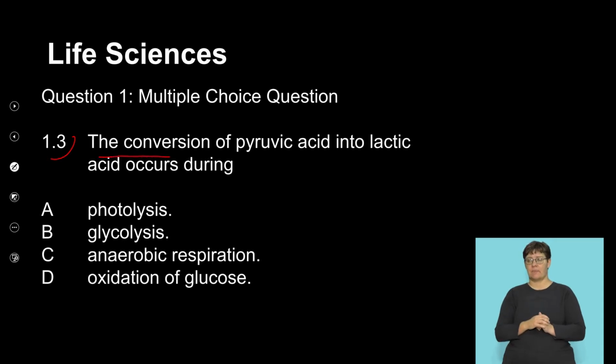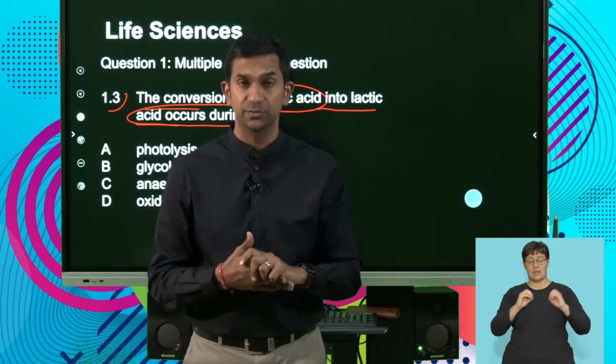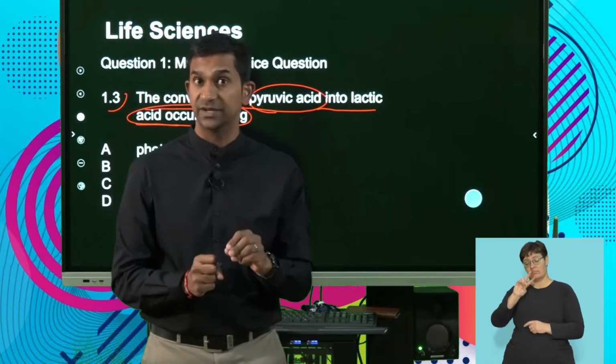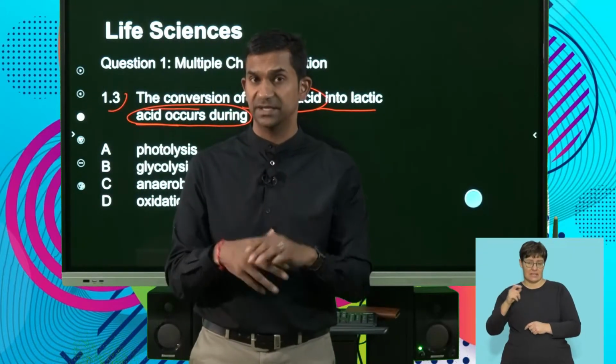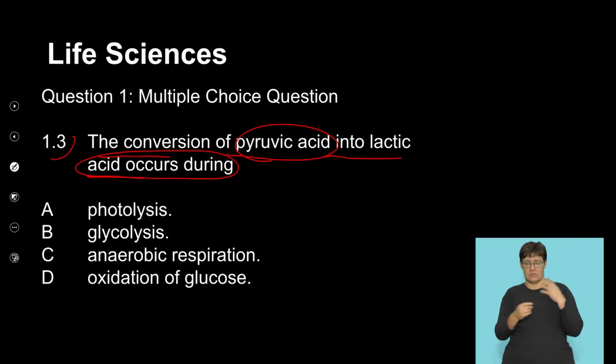The conversion of pyruvic acid into lactic acid occurs during. So guys, we've looked at the process of cellular respiration. We know that during anaerobic respiration, we find that in animal cells, the pyruvic acid can be converted into lactic acid, producing some energy. Let's look at the options. So does it occur during photolysis, or glycolysis, or anaerobic respiration, or oxidation of glucose?